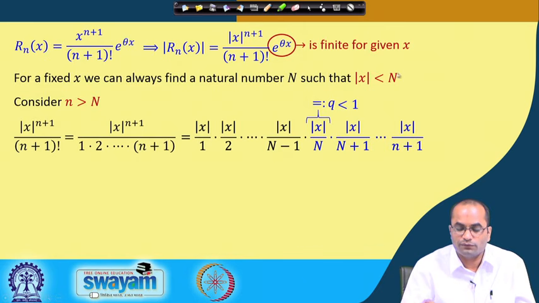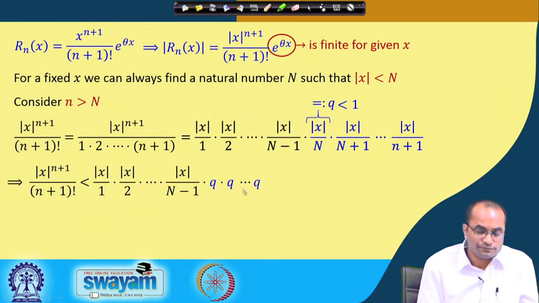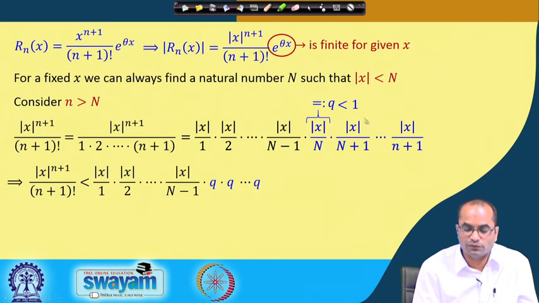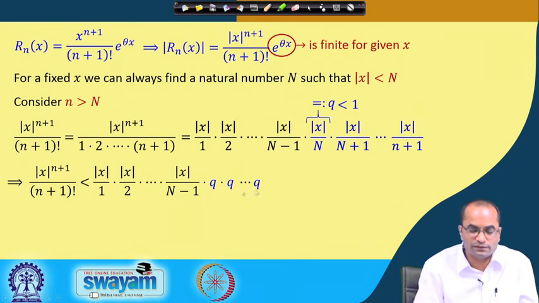Because the absolute value of x divided by N is less than 1, we can replace this equality by the inequality, less than or equal to, because we have replaced each term by q, though each is less than q.